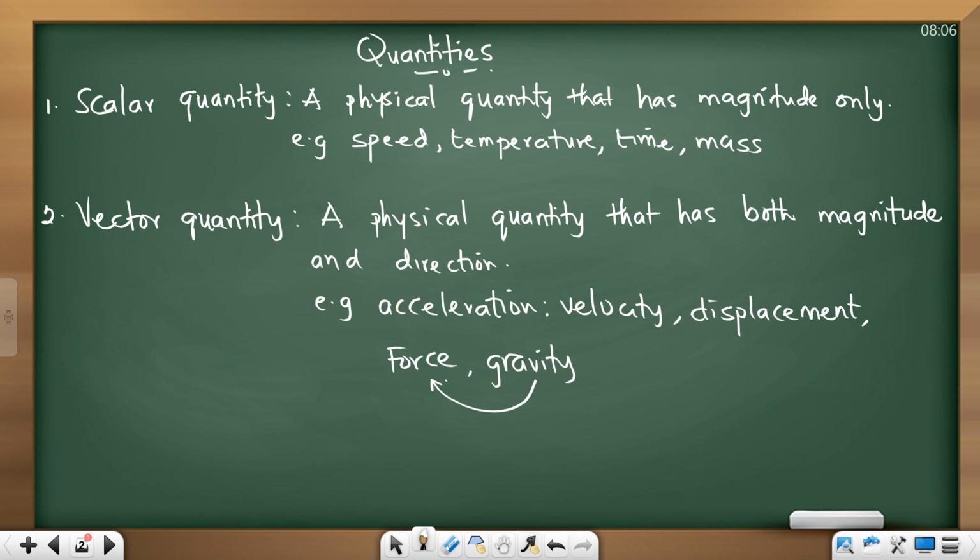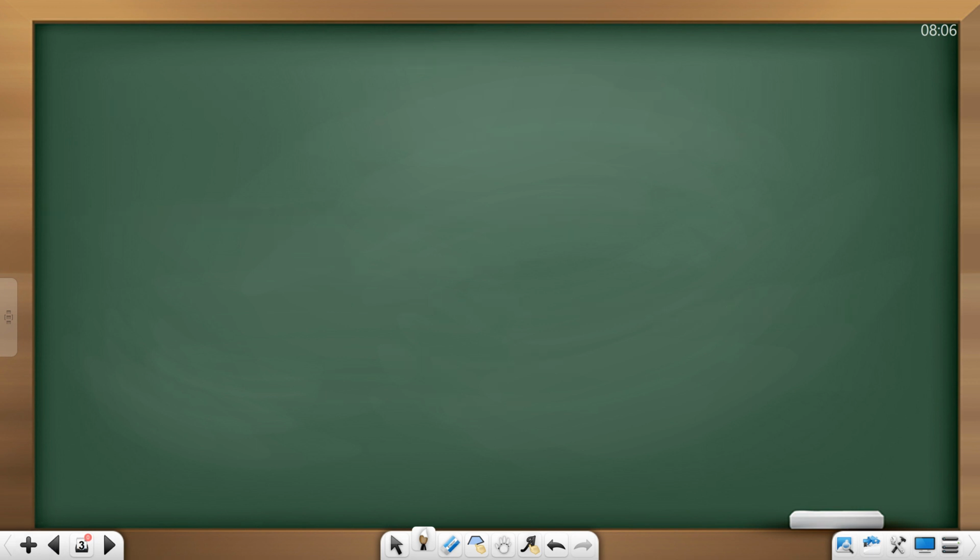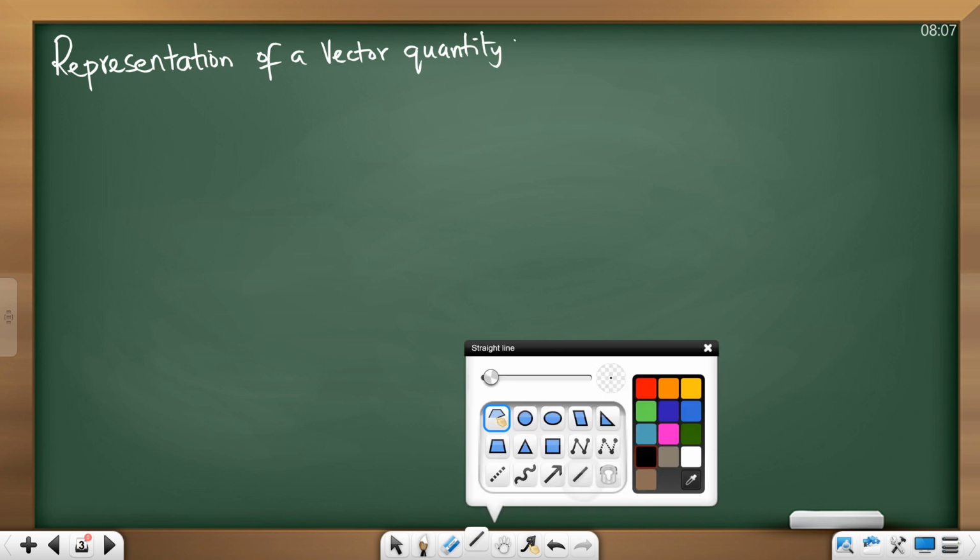We pass the test quickly. How do we represent a vector quantity? Representation of a vector quantity.